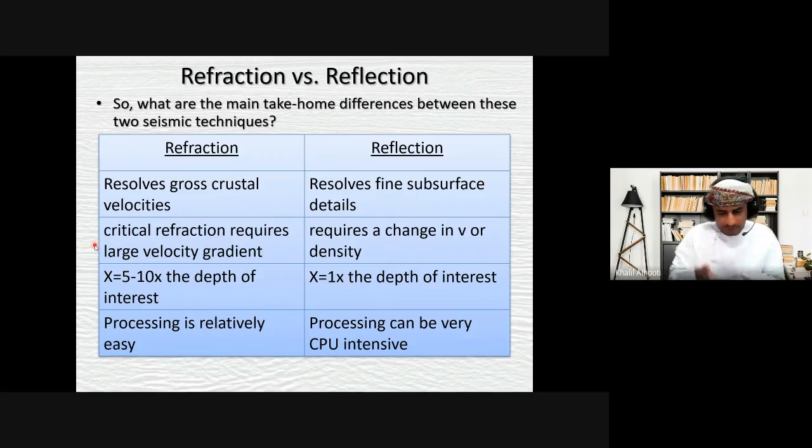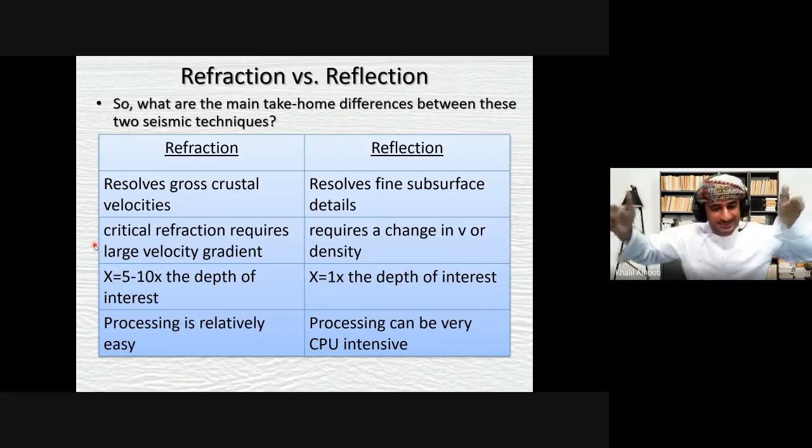So if my layer is very deep, the critical angle might be very high, especially if the velocity contrast between the two layers is high. So you need your source and receiver to be far away, until you reach the critical distance. You need to go beyond that distance.